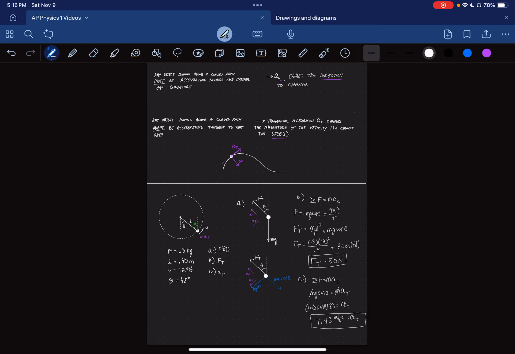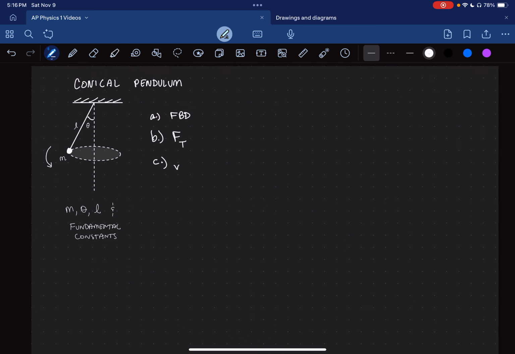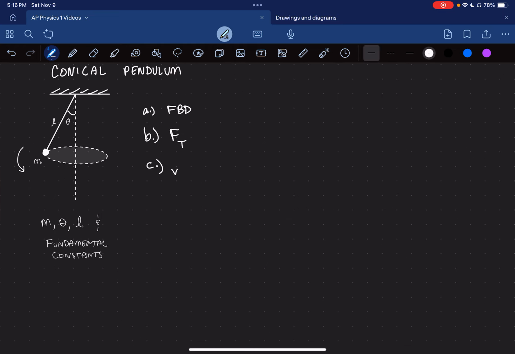All right, let's continue. Okay, so this one is over a conical pendulum. A pendulum is a ball on a string that swings back and forth, just constantly goes back and forth, this way and that way. Conical pendulum does the same thing, but the ball moves in a horizontal circle such that the string kind of shapes out a cone as it swings.